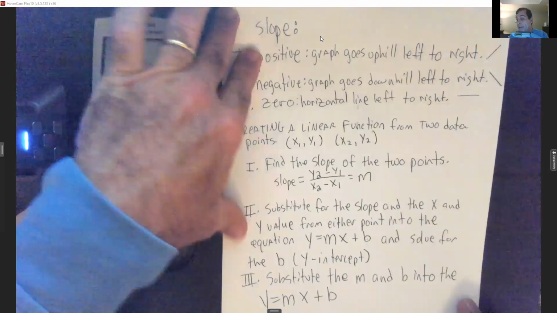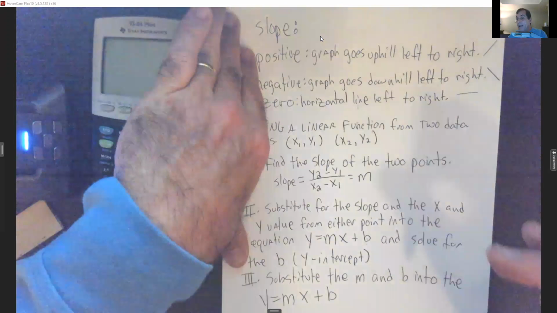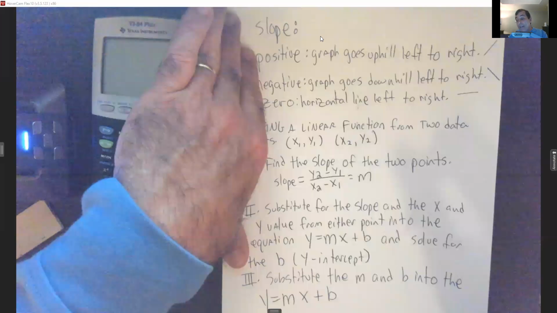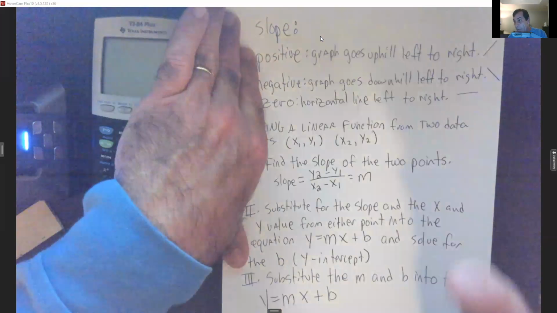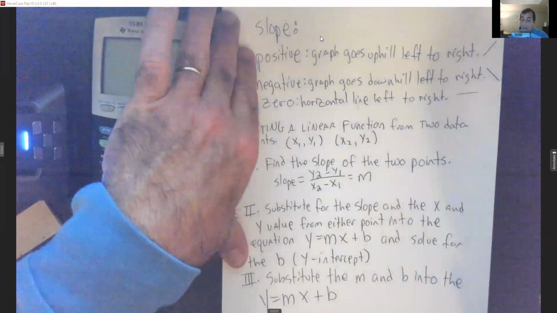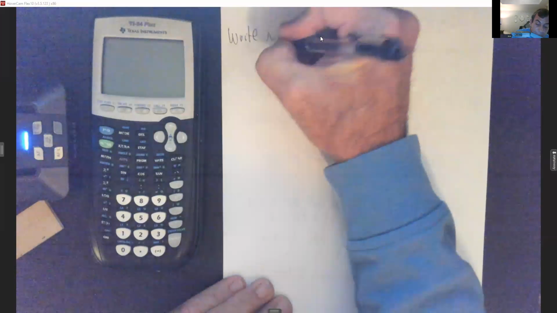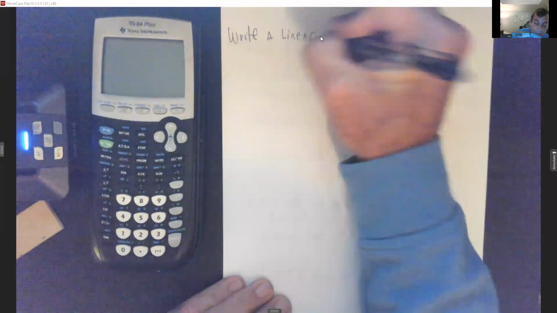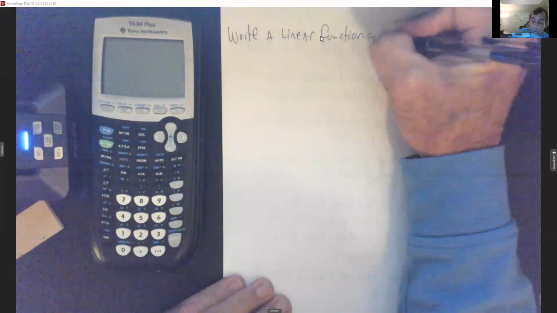Now, I will say, I'm going to give us the 2 points to use on this tonight, but sometimes if they give you a graph, you're going to have to figure out 2 points on it by looking at what's on that line, okay? So I'm actually going to give us the points. So we're going to write a linear function given the 2 points.